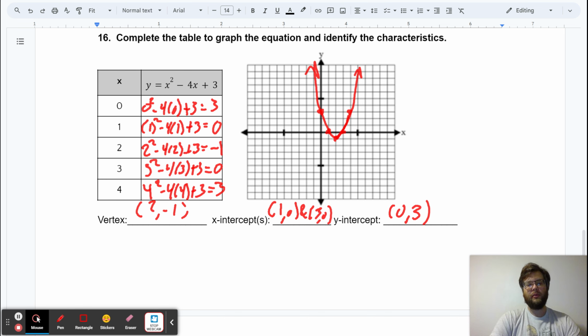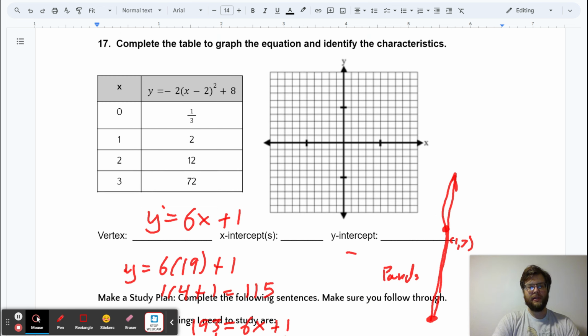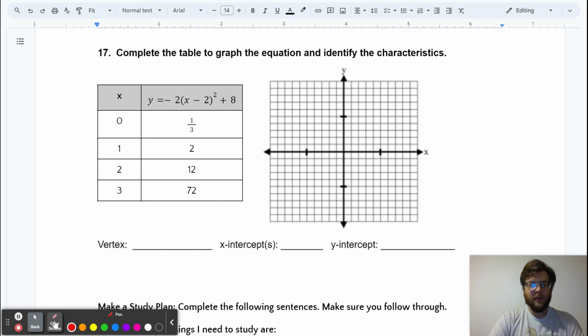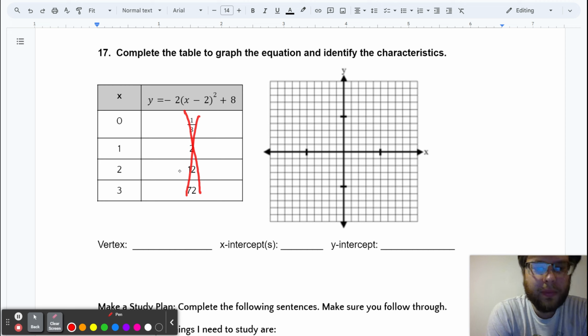Okay, I think there's just one more. Just the last one. All right, let's clear all that other junk. Oh, on this one, I messed up when I made the table. I should have crossed those out.